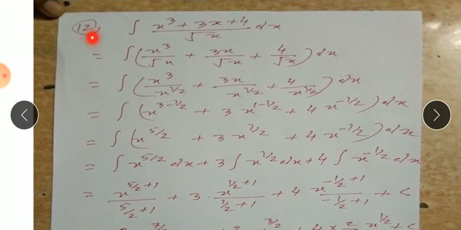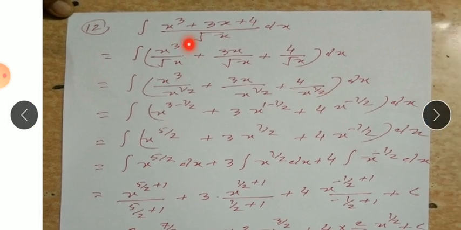Now we will see question number 12. Question is integration of (x cube plus 3x plus 4) whole upon root x. You know that numerator is containing 3 terms and denominator is root x. Each term is divided by denominator, that is x cube upon root x plus 3x upon root x plus 4 upon root x.